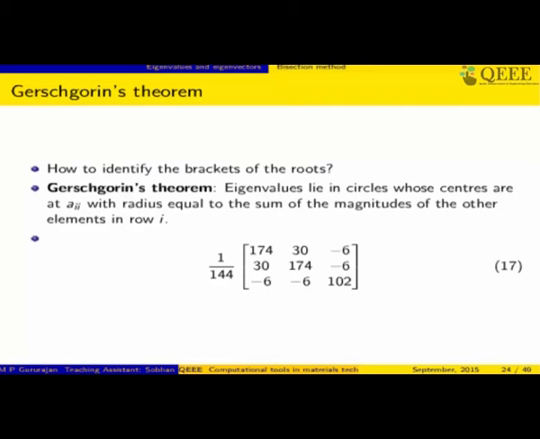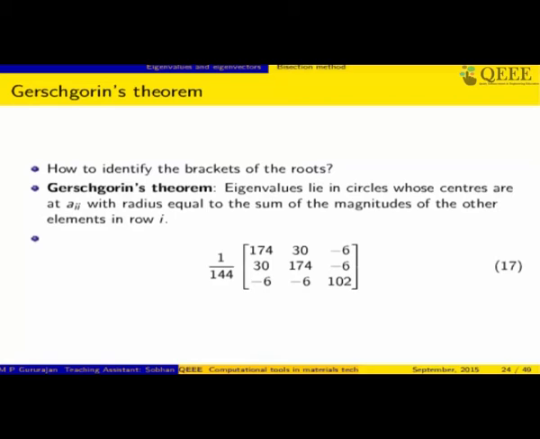Somebody has given the center as 1.208, and that is right. The second one should also be 1.208. And where is the third one? That is 0.70833. So these centers are correct.